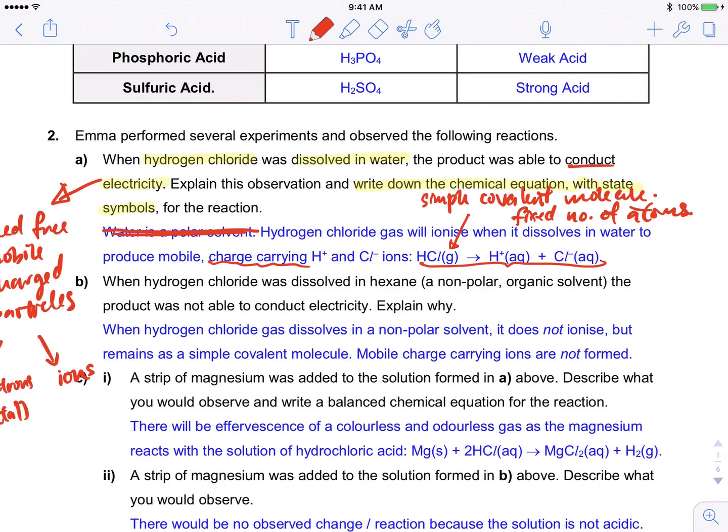Are you required to know this? We always only ask about hydrogen chloride gas. We don't ask you about HNO3 or H2SO4. So what you need to remember is HCl, before it dissolves in water, looks like this.